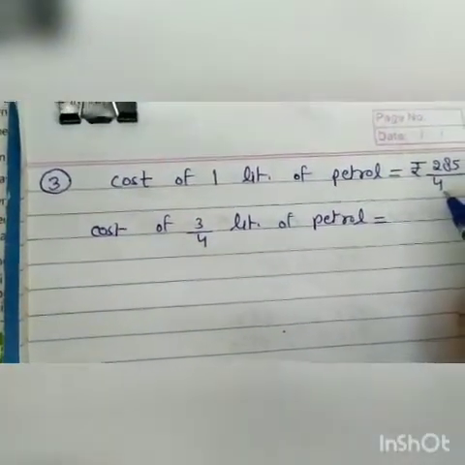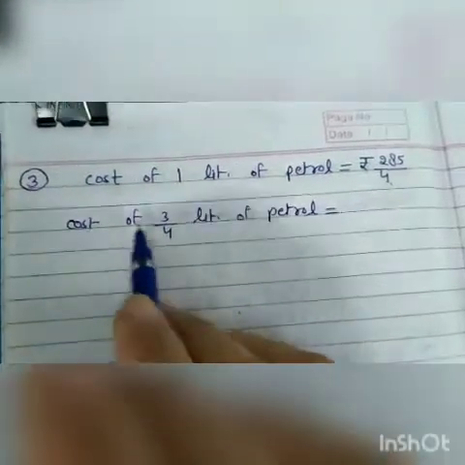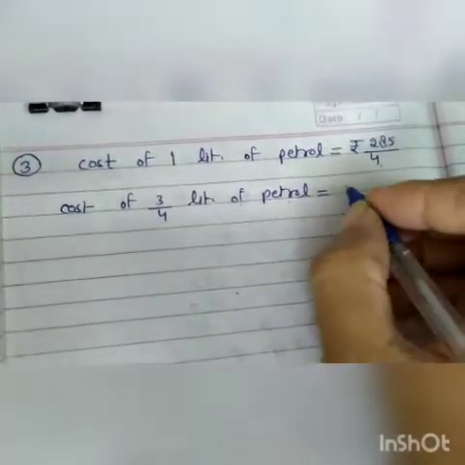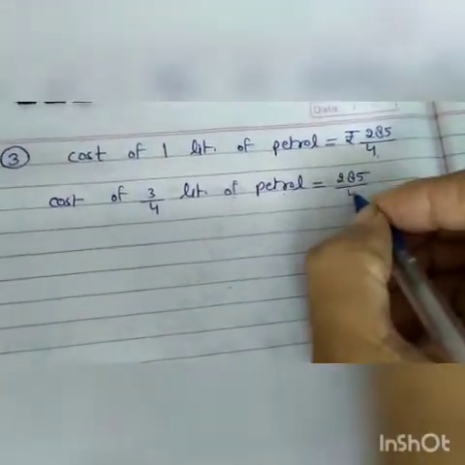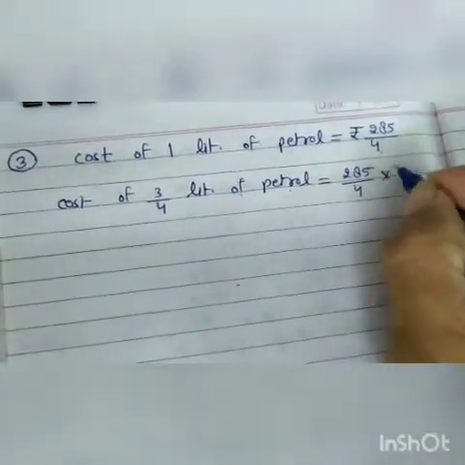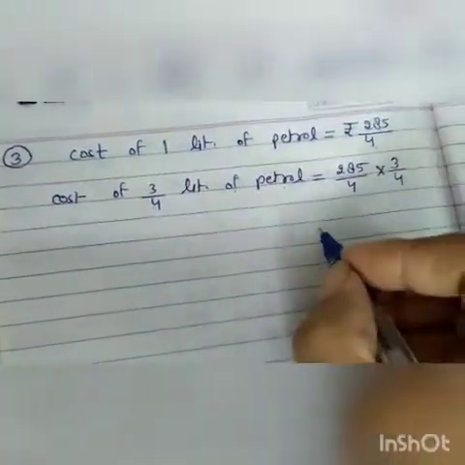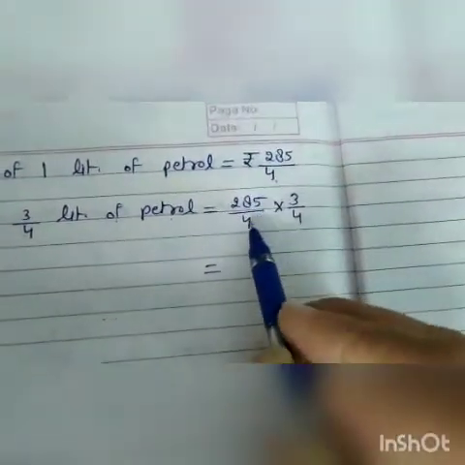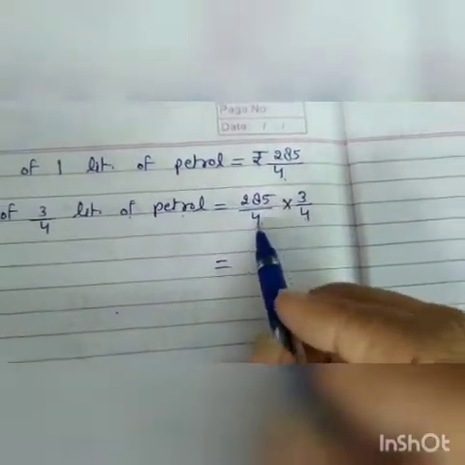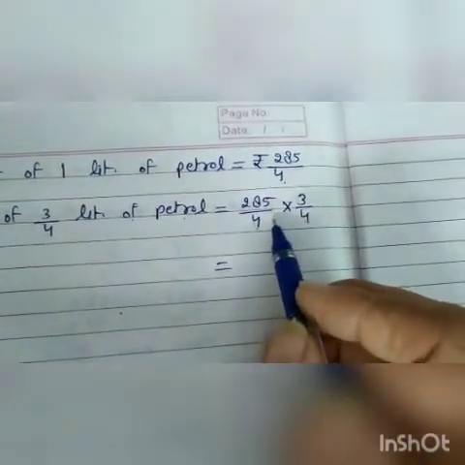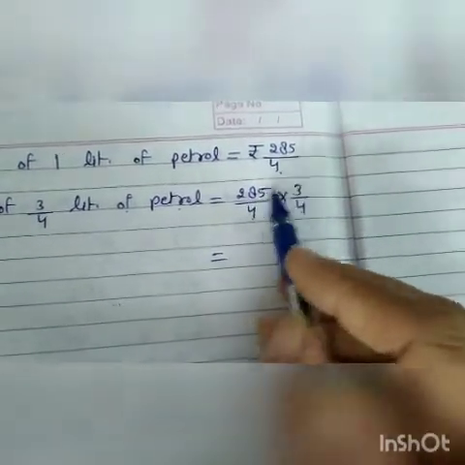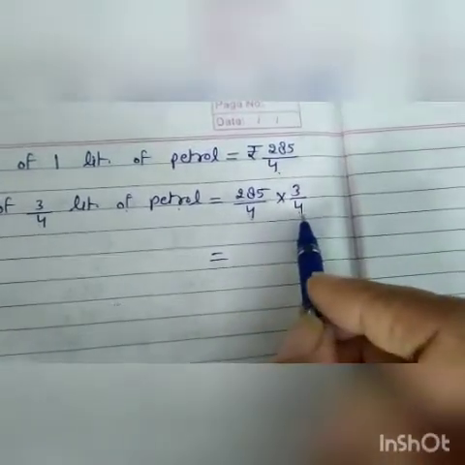It is given in the question, and we have to find cost of 3/4 liter of petrol. So it will be 285/4. What we will do? We will multiply it by 3/4. Now check whether we can simplify this 285/4 into 3/4 or not. I think we cannot simplify it, because 285 and 3 both are odd numbers and 4 is even number.